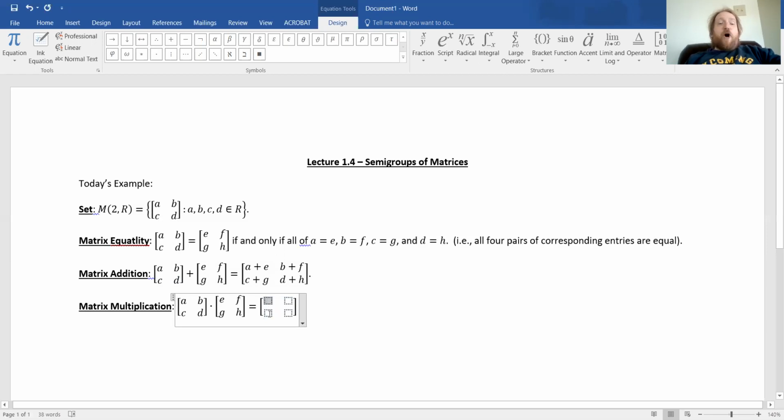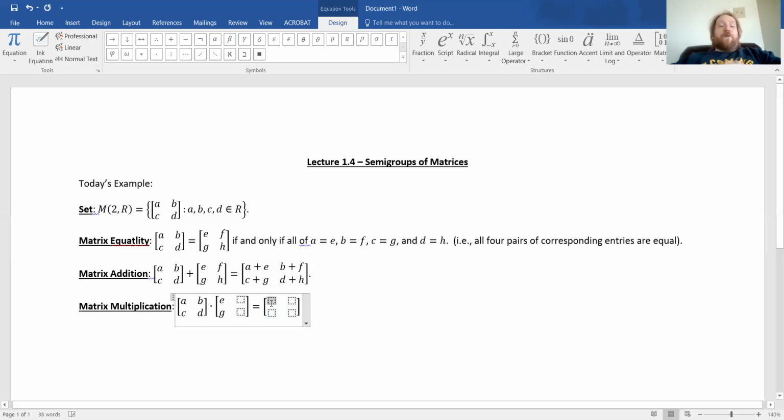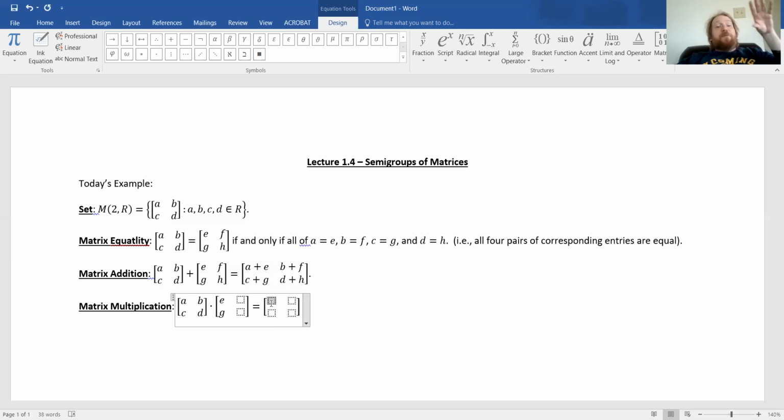Here's how I figure out what this matrix is. The first column of this 2 by 2 matrix is going to be what I get if I take the matrix ABCD and multiply it with the vector EG. So go back to Math 130, matrix algebra. Do the matrix ABCD times the vector EG. This thing from the first day of matrix algebra.